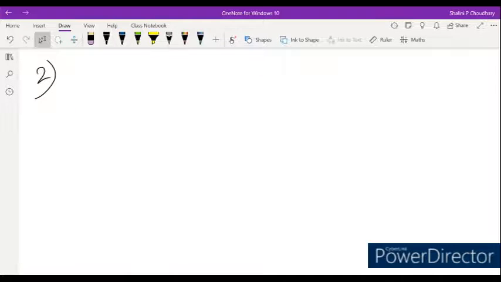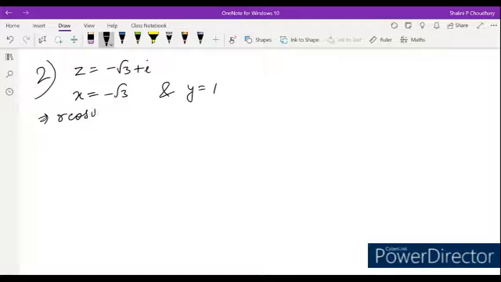Okay, the question is z is equal to minus root 3 plus i. It means here the value of x is minus root 3, and y is equal to 1. Now x is r cos theta, which is equal to minus root 3, and y is r sin theta, which is equal to 1. Now what we can do, we can square both sides and add.